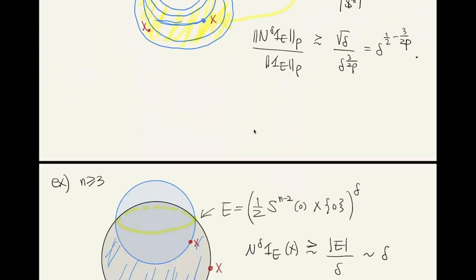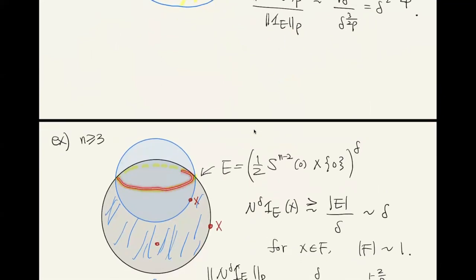Right, so this kind of lower dimensional sphere, S^{n-2}, has measure bigger than the set considered in the Nikodym example. And we want to consider E as large as possible to get the most optimal lower bound for this maximal function n delta.